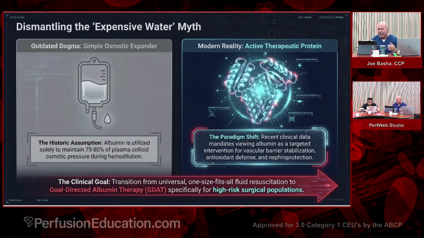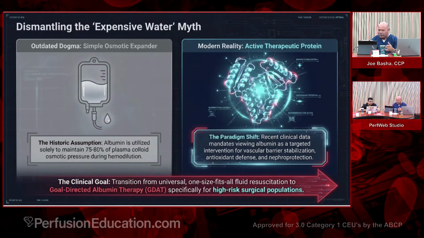Now, this says osmotic, which is incorrect. Colloid oncotic pressure, or COP, is redundant. Colloids are oncotic, so it's just oncotic pressure, but we are used to saying COP, colloid oncotic pressure.